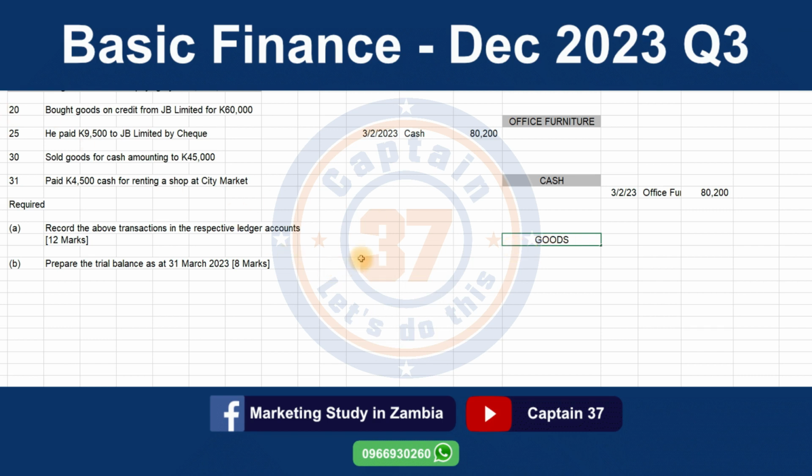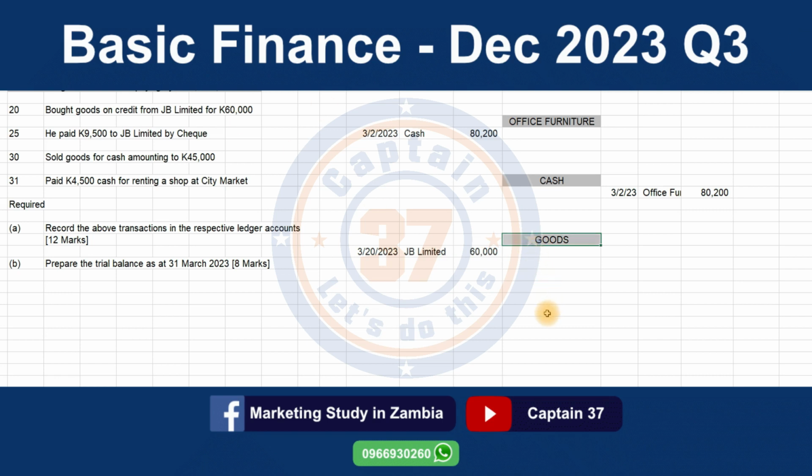On the 20th, so we'll indicate 20th March 2023. Bought goods on credit from JB Limited. So here we'll put JB Limited. How much is involved? 60,000 kwacha. So we've done the first part.